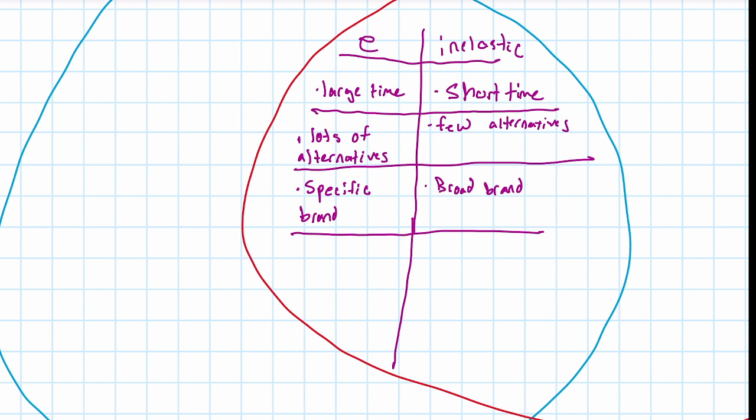If the price of Cheerios increases by $10, you're probably just going to find a substitute, which makes it more elastic. However, if the cereal as a whole increases by $10, you're less likely, or even broader than that, breakfast food or food in general. If food in general increases by $10, it doesn't matter, you have to pay that price. So the broader the brand, the more inelastic it becomes, and the more specific the brand, the more elastic.